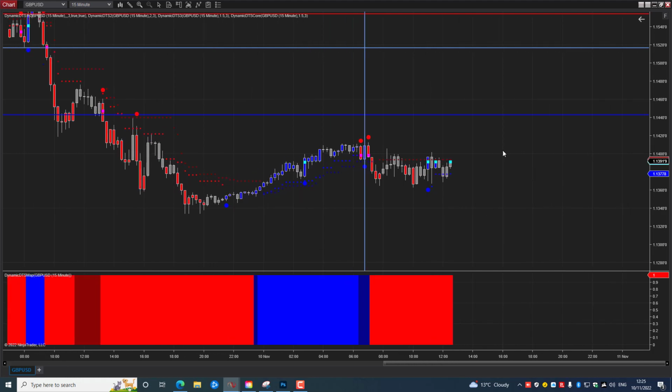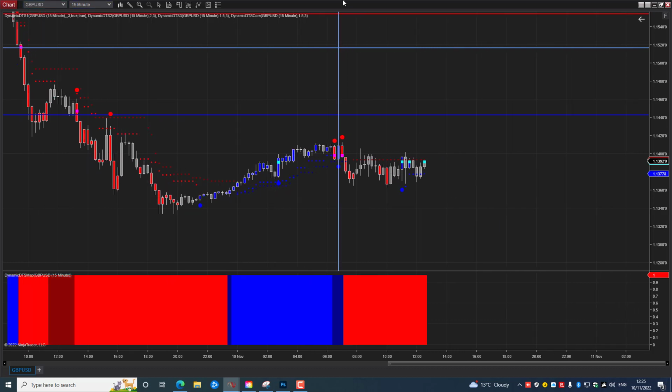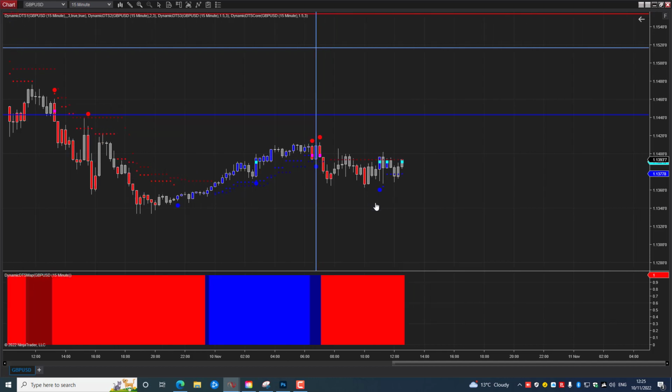So here is the day trading software on my usual currency, GBPUSD, but today's been pretty horrific. You can see this vertical line where I started my trading day, and I was waiting for something to happen. It didn't, and the system was warning me straight away: look, we've got these grey bars, don't trade. It's a range bound market.